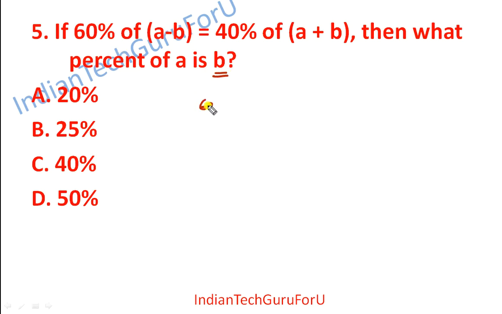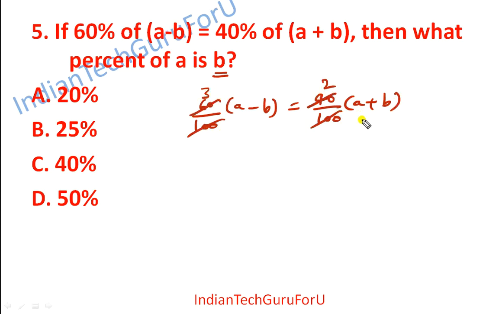60% means 60 by 100 into (A minus B) is equal to 40%, 40 by 100 into (A plus B). 100 cancels, 2 threes are 6, 2 twos are 4. Okay, 3A minus 3B is equal to 2A plus 2B.